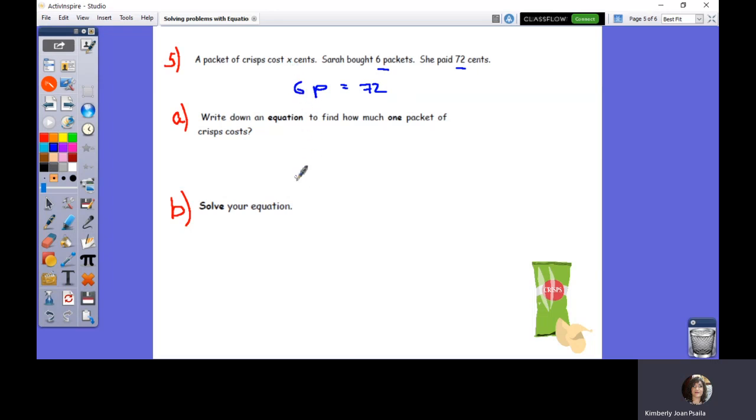If Sarah has to buy 6, therefore the cost of 6 packets is 6 multiplied by x. And the total should be 72. So 6 packets multiplied by the cost of one packet.